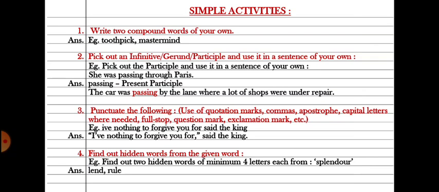Gerund is the present participle form of a verb that acts as a noun. And what are participles? A participle is a form of a verb that acts as an adjective or combines with the verb to be to form verb tenses.